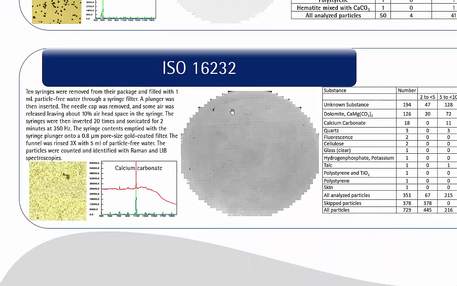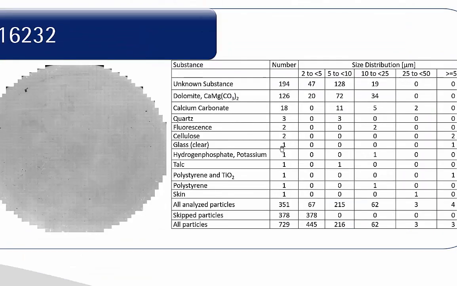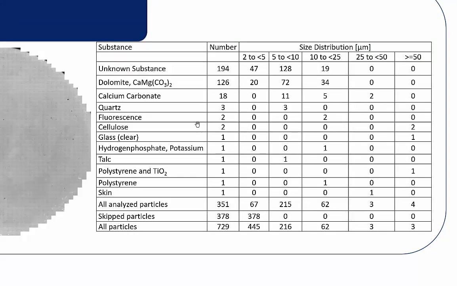Another very popular thing at the moment is the ISO 16232. It's a method to remove particulates from bags or from other kinds of handling equipment, or also from syringes. This is an example from a prefilled syringe that we looked at: some calcium carbonate and some other material like dolomite, which is also a form of calcium carbonate, which has contaminated those.